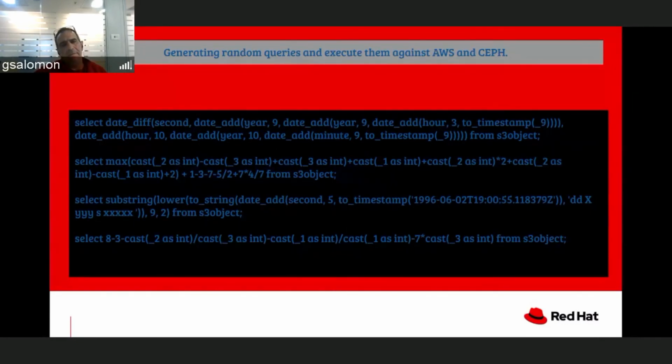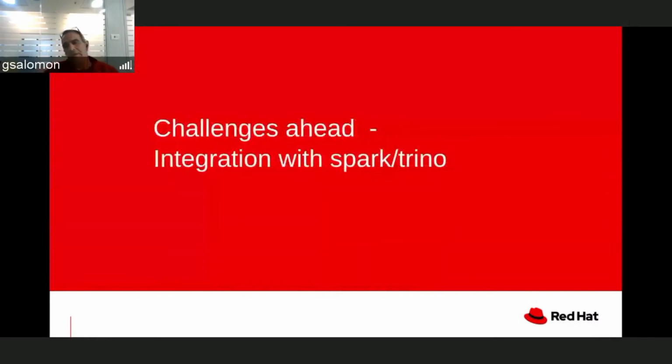Okay, as for the future, there are several issues that should be covered. One of the biggest challenges ahead of us is integration with Spark and Trino. Spark and Trino or Presto, for anyone who isn't familiar with that, is a SQL analytic application, and such applications may use the object storage as their backend storage.